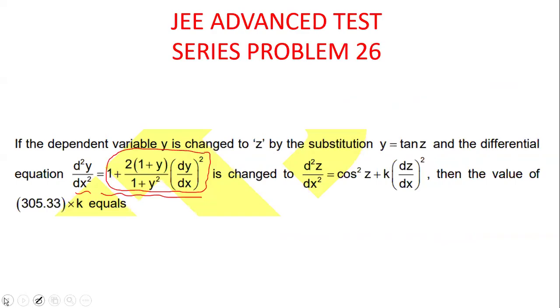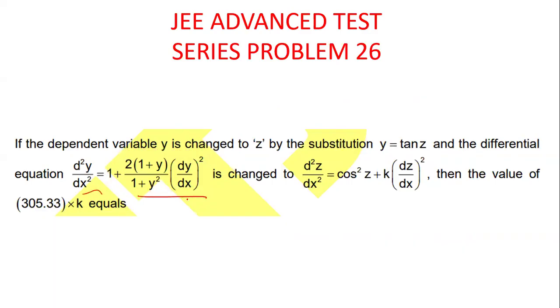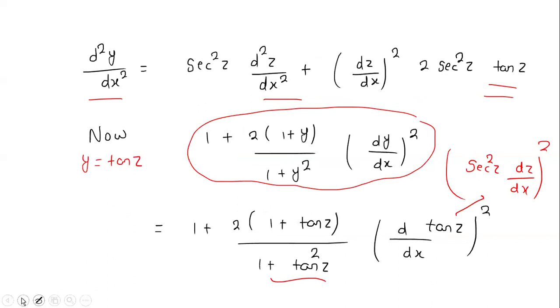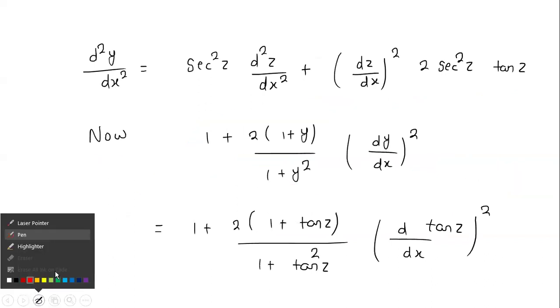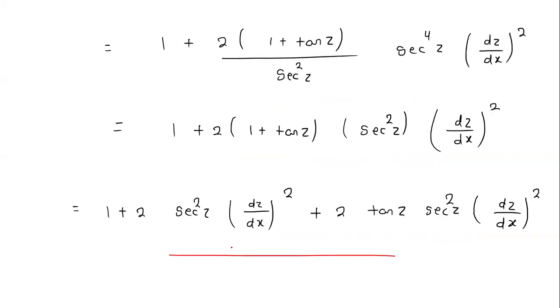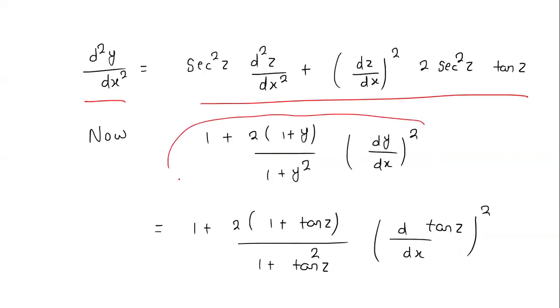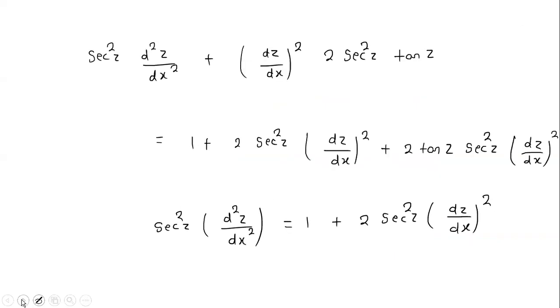Now it is given in the problem that this d2y by dx square is equal to this thing. So we can compare this d2y by dx square, which is this thing, to this, which is the simplified version after putting y is equal to tan z. We are going to equate both of them because it is given in the problem.